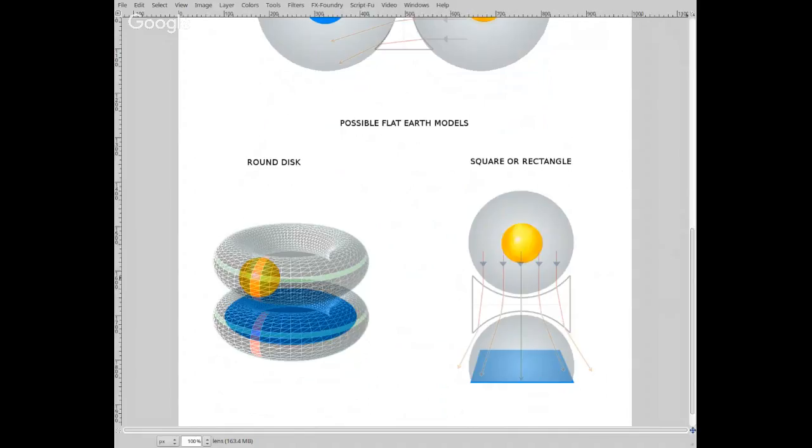You have to have a double concave lens between the sun and the Earth somehow, no matter which shape. So that's the point I've been trying to work toward, and I can't think of anything else I need to say right now.